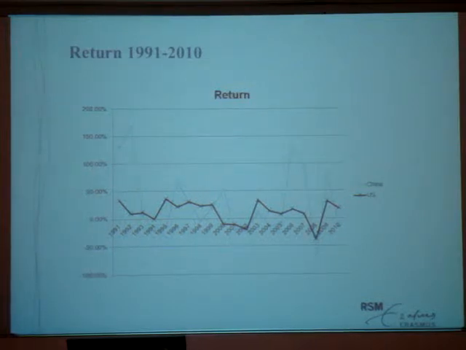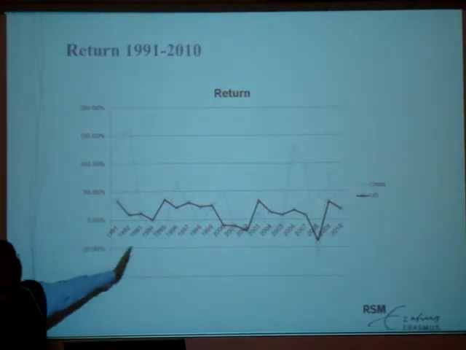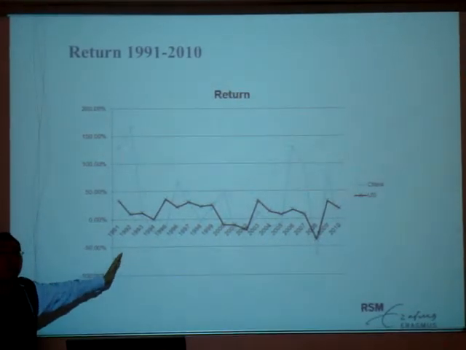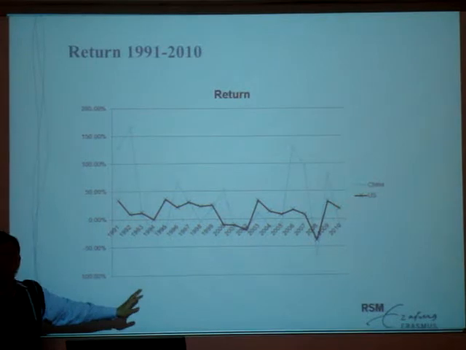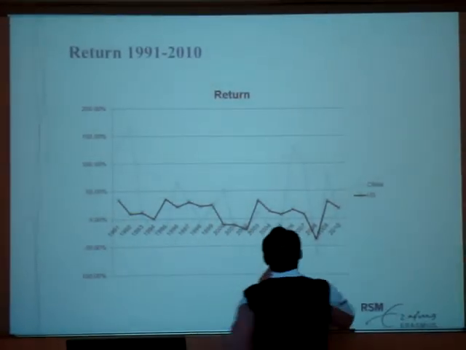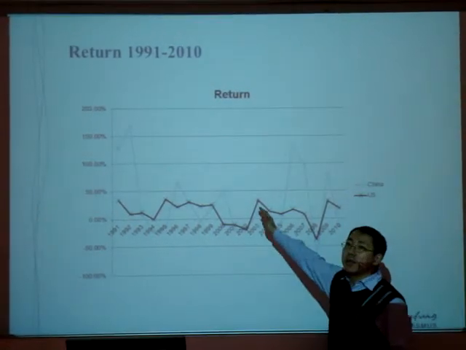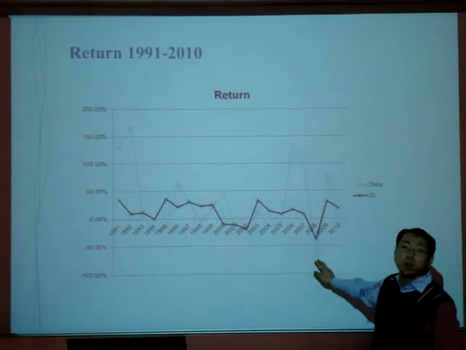I don't know if that's true for economy statistics, but for market statistics, that's generally not true. Even though China markets are much more volatile than the US market, you can still see from the figure that they generally have the same peaks and same bottoms.